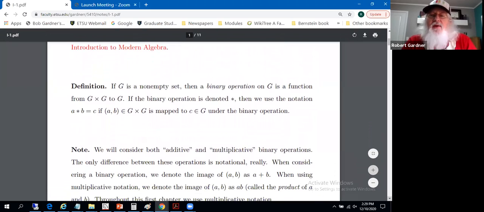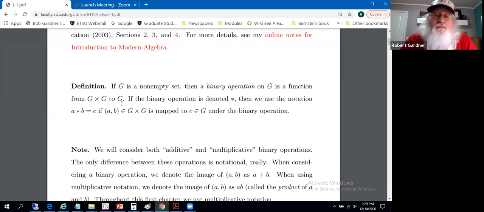Okay, first we need the idea of a binary operation. Let G be a non-empty set, then a binary operation on G is a function from the Cartesian product of G with itself, so ordered pairs of elements of G, into the set G. If we denote the binary operation with an asterisk, then we'll use the notation A asterisk B equals C, if (A, B) is an element of the Cartesian product of G with itself, which is mapped under the binary operation to this element C of G. So strictly speaking, binary operations are functions from Cartesian products into sets themselves.